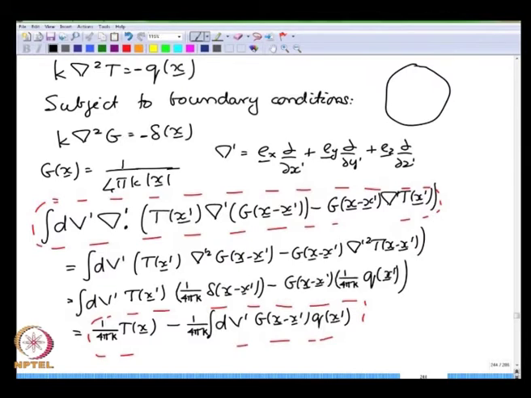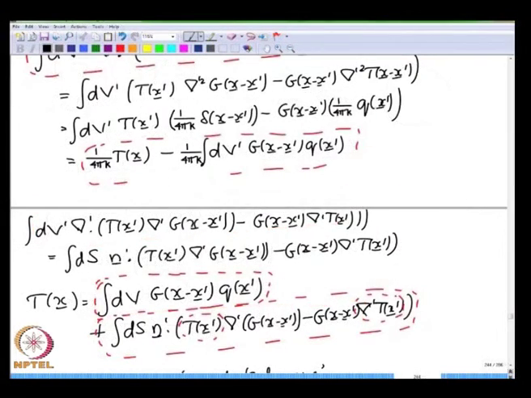So, this gives me the expression. So, I get 1 over k times T of x, minus these sources or sinks over the entire domain, is equal to this surface integral.